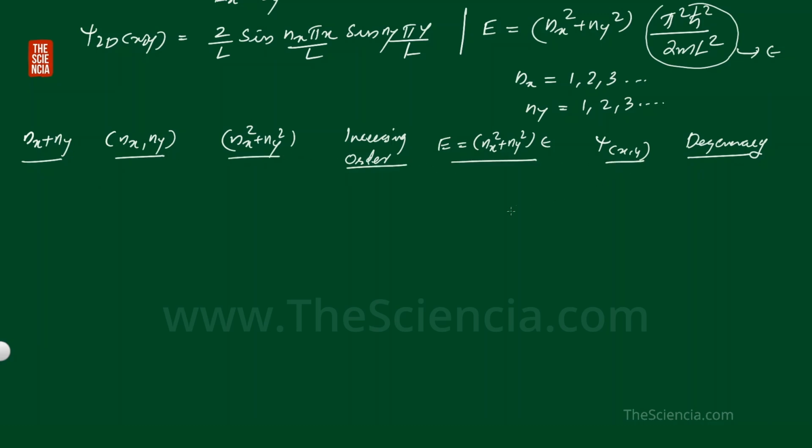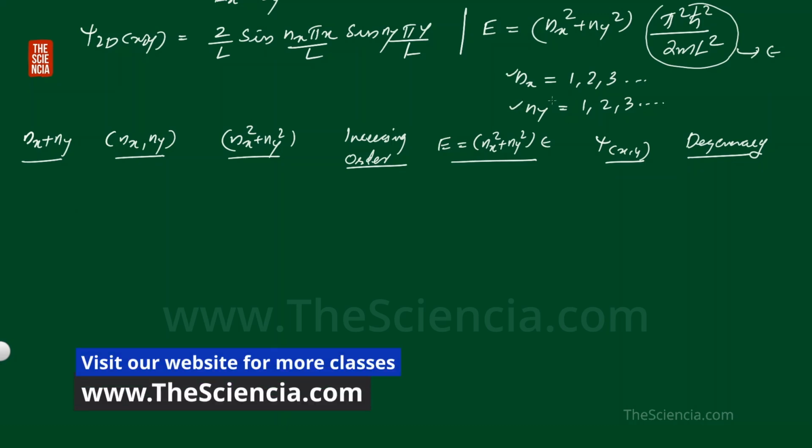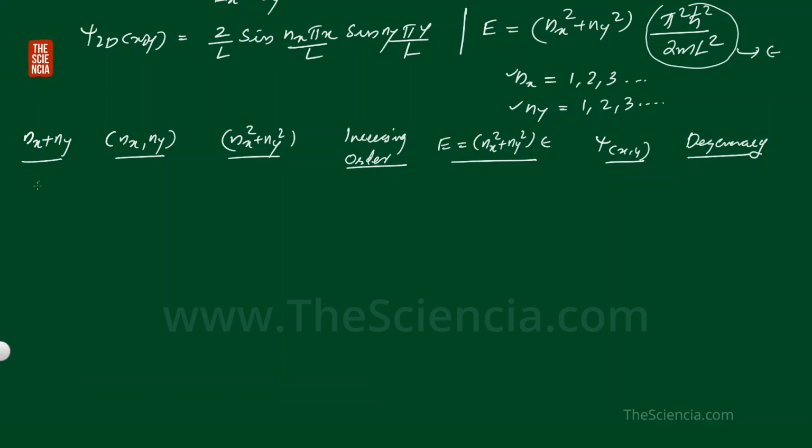Okay, first I am taking the combination of nx and ny. The first combination is 1, 1. So nx is 1 and ny is 1, that is nx plus ny is equal to 2. So nx square plus ny square is 2, and E is equal to nx square plus ny square into E, that is 2E.